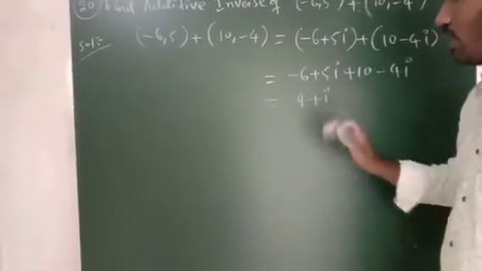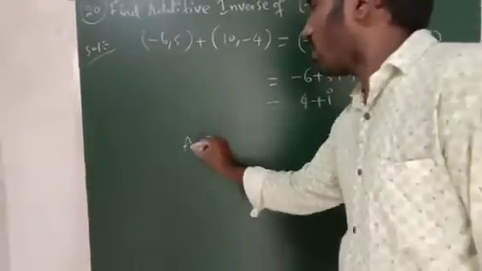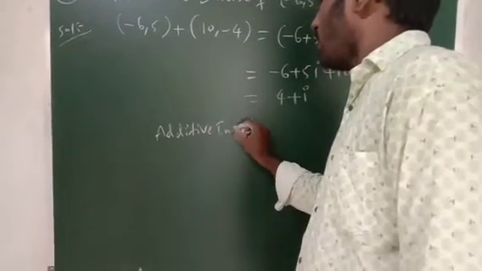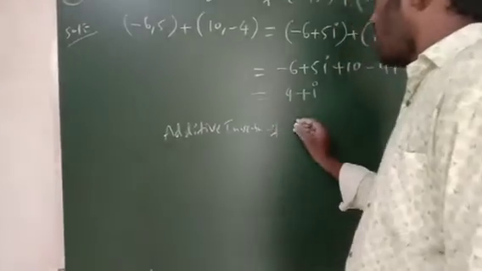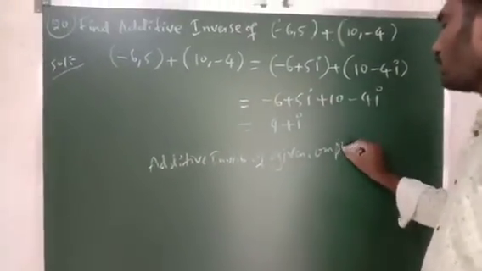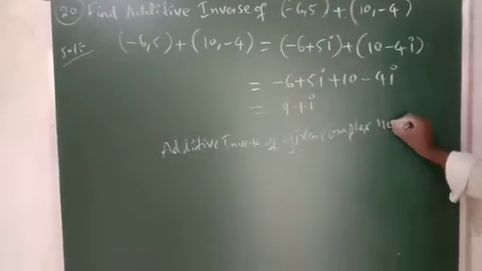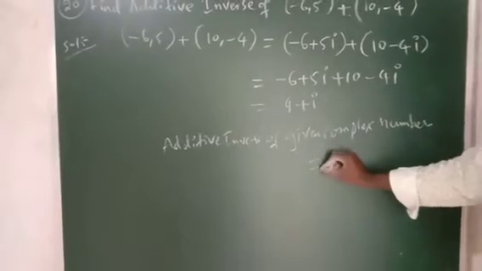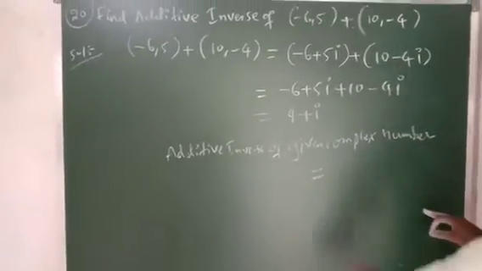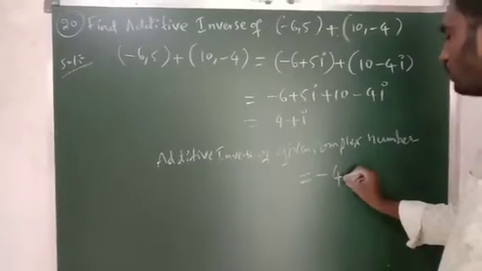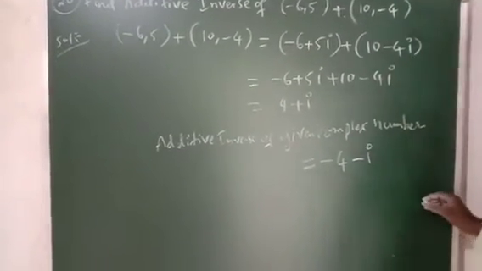Now the additive inverse of the given complex number means we convert the signs of both the real part and the imaginary part. That means minus 4 minus i is the answer.